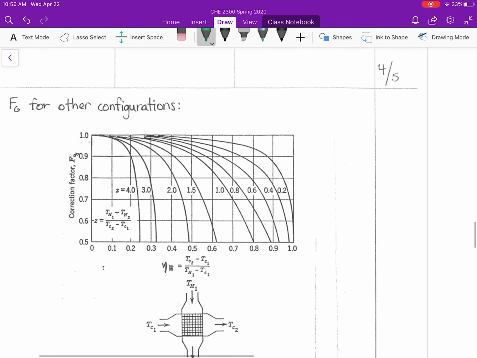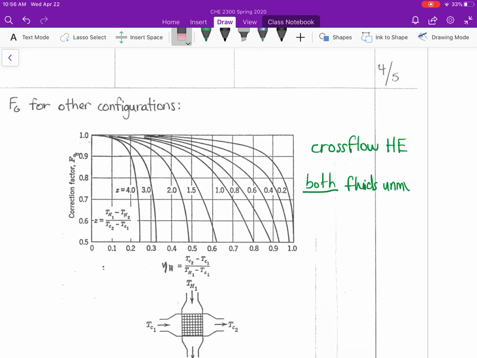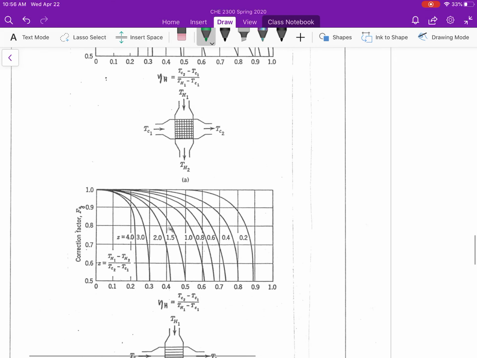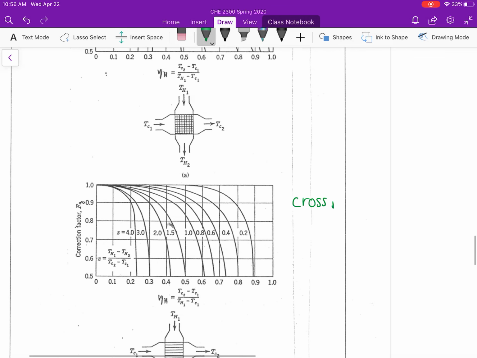So the correction factor for a cross-flow heat exchanger where both fluids remain unmixed is what we have in our top chart or figure, and in the bottom figure we have another cross-flow heat exchanger chart, but in this case one of the fluids is mixed.